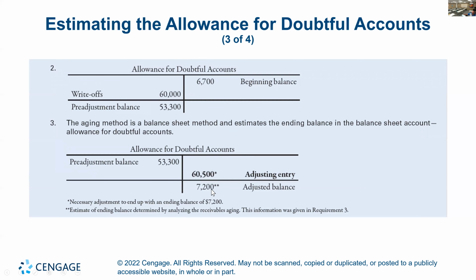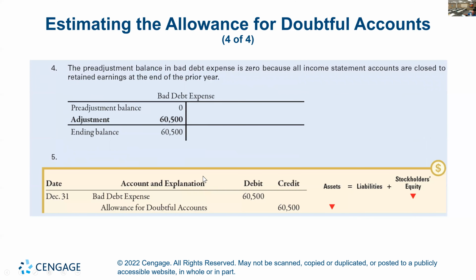We need to have a 7,200 credit ending balance. So in order to get that, we need to make a credit entry to this account for allowance for doubtful accounts for 60,500. When we make that journal entry, it is paired with bad debt expense based off our estimate. So we would debit our bad debt expense by 60,500 and credit our allowance for doubtful accounts.